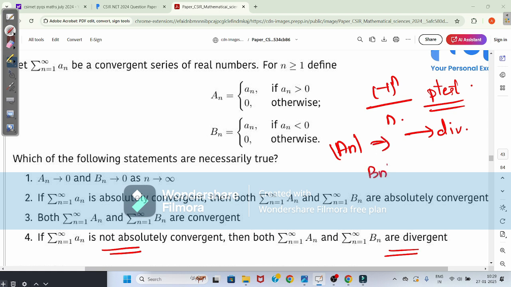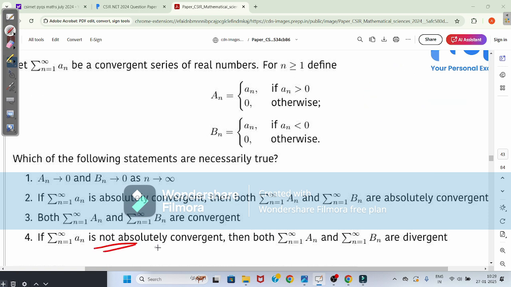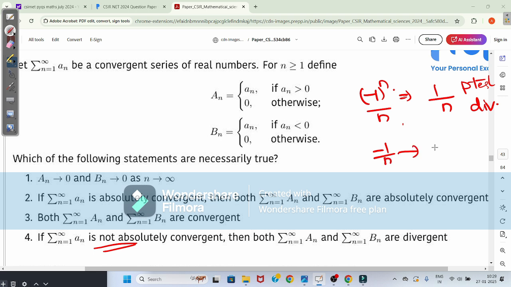This is the perfect example to test the convergence. When a_n is not absolutely convergent, minus 1 whole power n by n, by p test this is divergent, and minus 1 by n by p test is also divergent. So this is the correct option. So this is the wrong option and these three are the correct options.